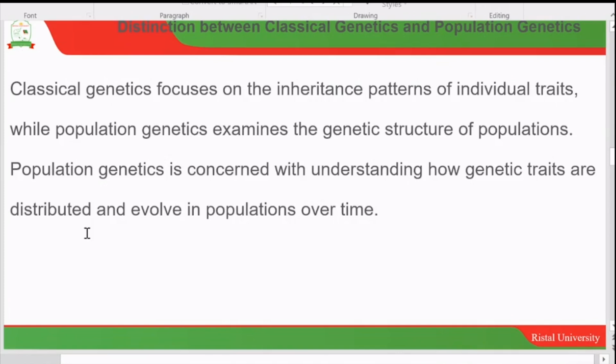But at a deeper level, we shall understand why it is very critical, especially in demography, reproductive health, or even in the business world, why we are interested in looking at the genetic patterns of a population.